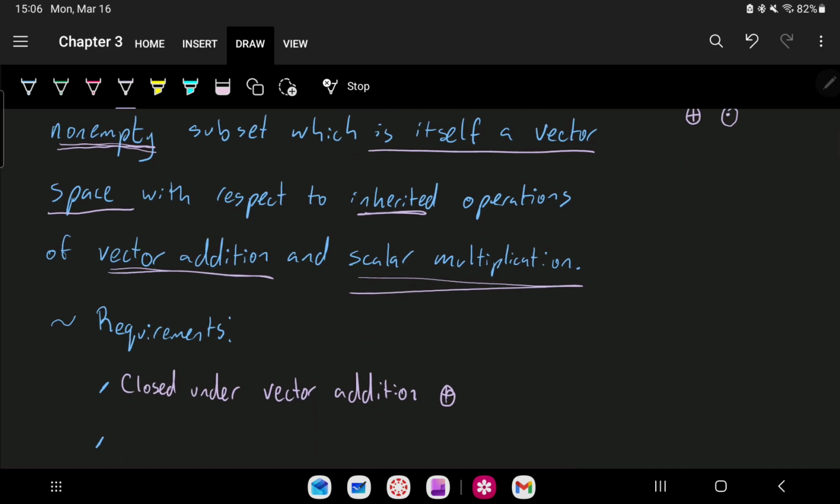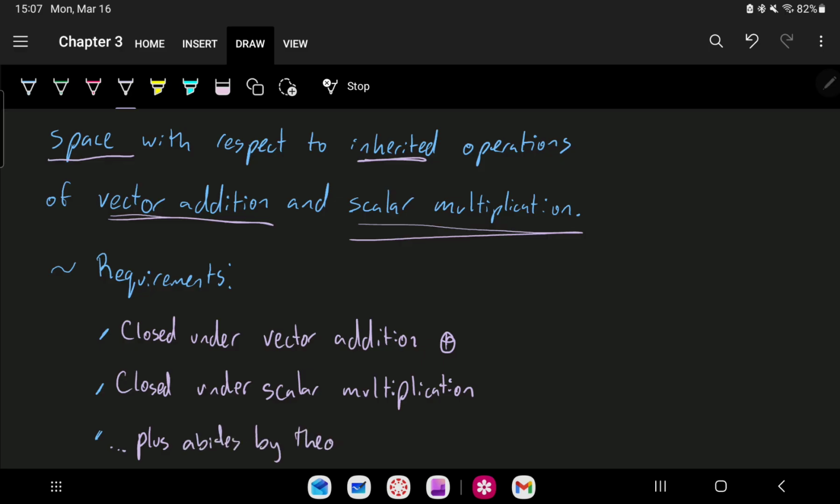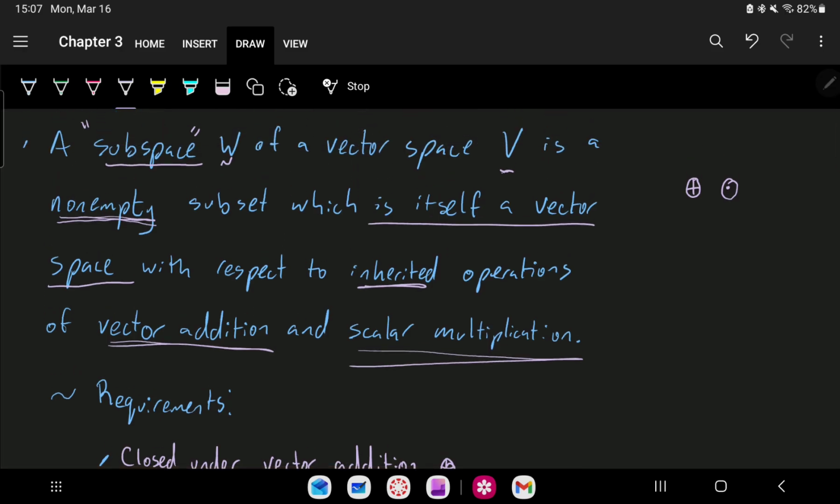The subspace also needs to be closed under that same definition, and similarly closed under scalar multiplication. And these are the two big ones, but you'll remember there was also, for vector spaces, another 8 axioms. It abides by the other 8 axioms. Right, so basically what we're saying is a subspace has to be a space.